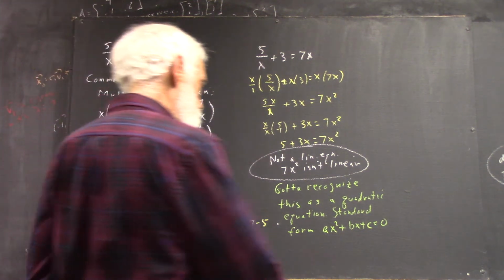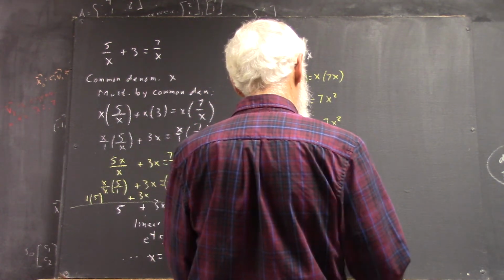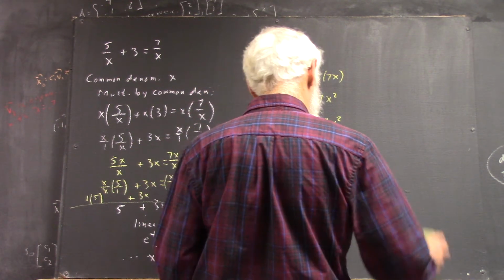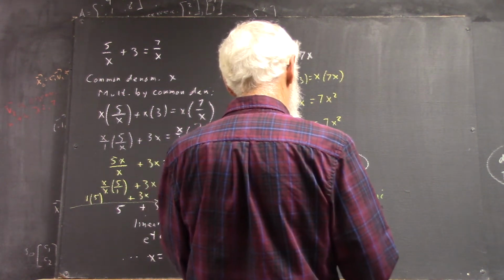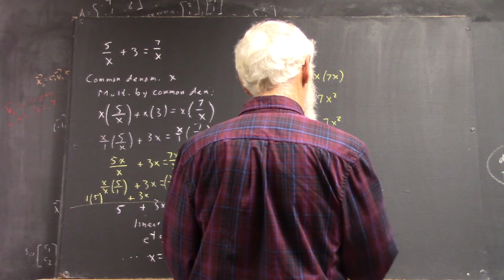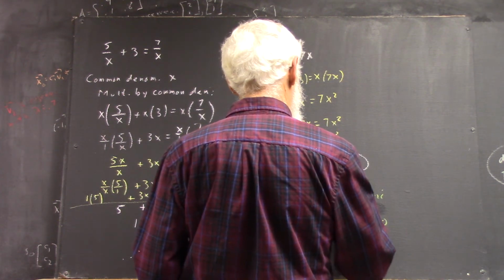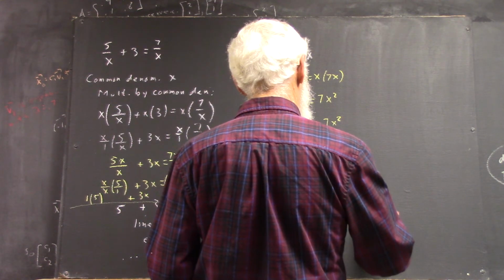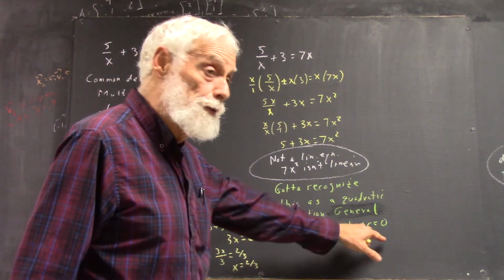And I call this the standard form. Let's give it the right name. It's the general form. I was debating between standard and general, and stopped thinking at that point. So I wrote down the wrong word. Okay? So general form of a quadratic is this, right?